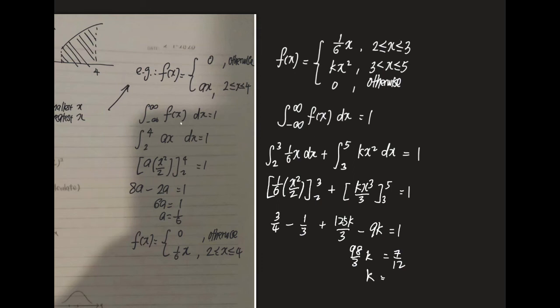So k equals 7 over 12 divided by 98 over 3. So I get 1 over 56. So you can see two different examples of how I apply the same formula. Okay, so two important situations.